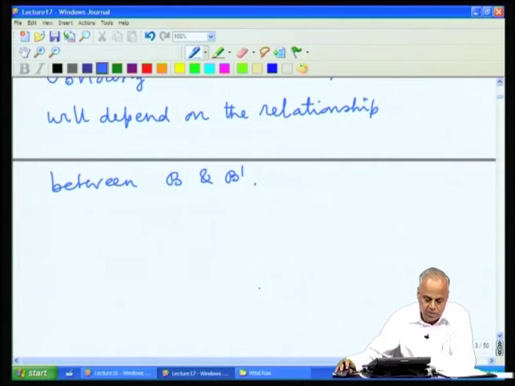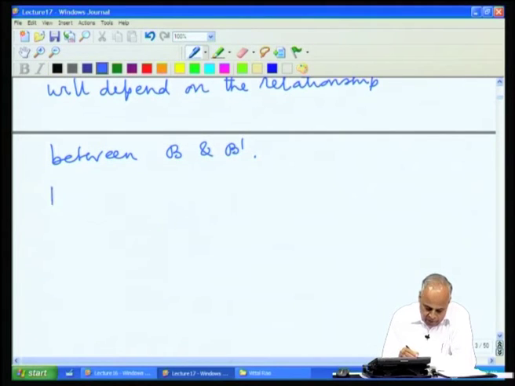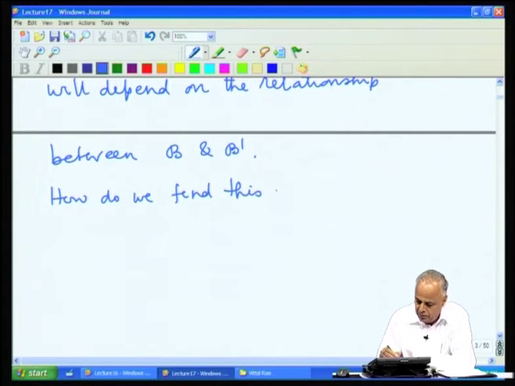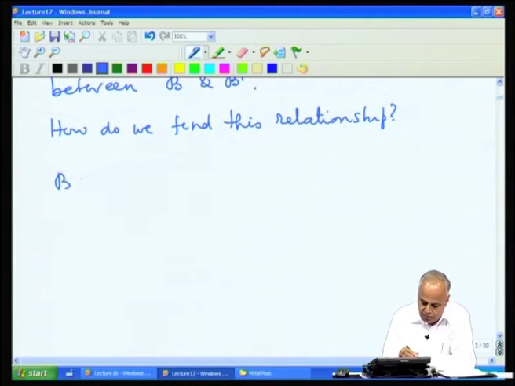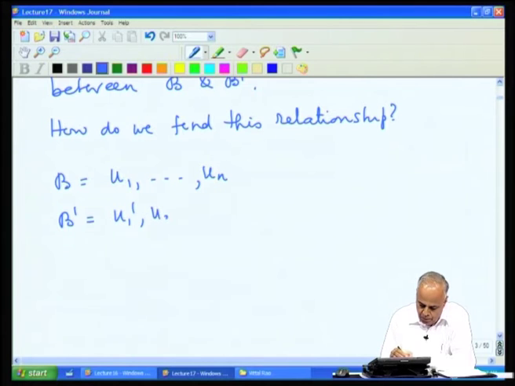Now, therefore, we must ask how do we find this relationship? So, let us again look at these two bases. B is u1, u2, un, B prime is u1 prime, u2 prime, un prime.